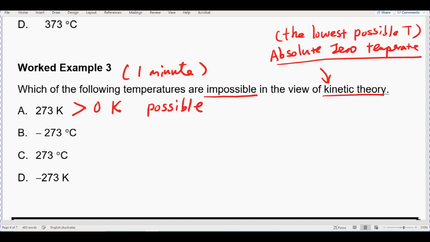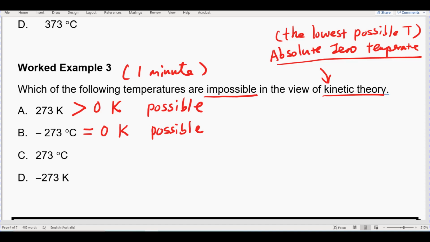How about minus 273 degrees Celsius, which just equals 0K, which is the absolute zero temperature. So, okay, you can't say it's impossible, but that's what we call theoretically possible.